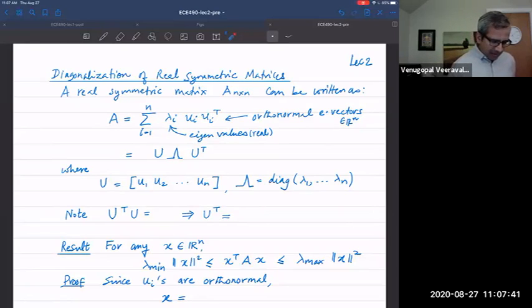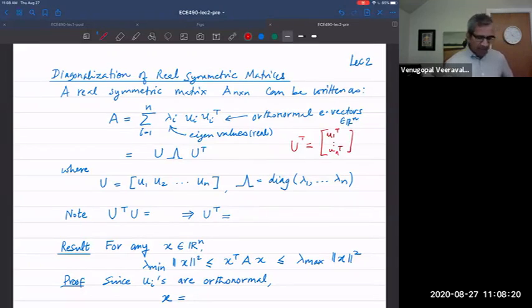So you can write this as a product of three matrices by stacking all the eigenvectors into a matrix like this. The first column is u1, the second column is u2, and so on, and you get this matrix U. This matrix U is an interesting matrix. The transpose of U will have rows u1 transpose up to un transpose.